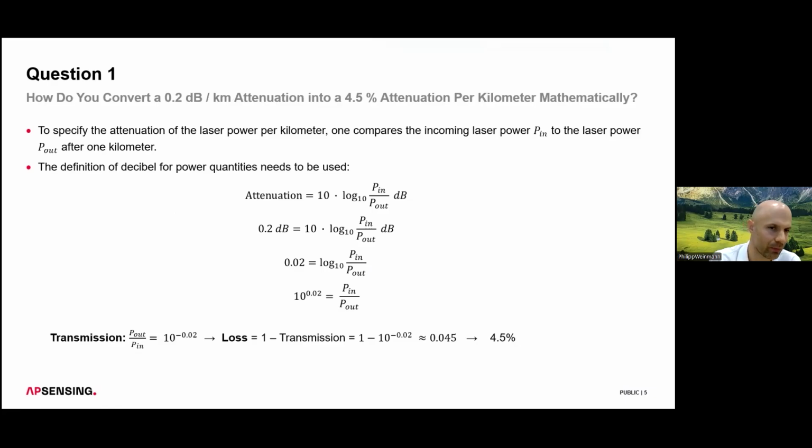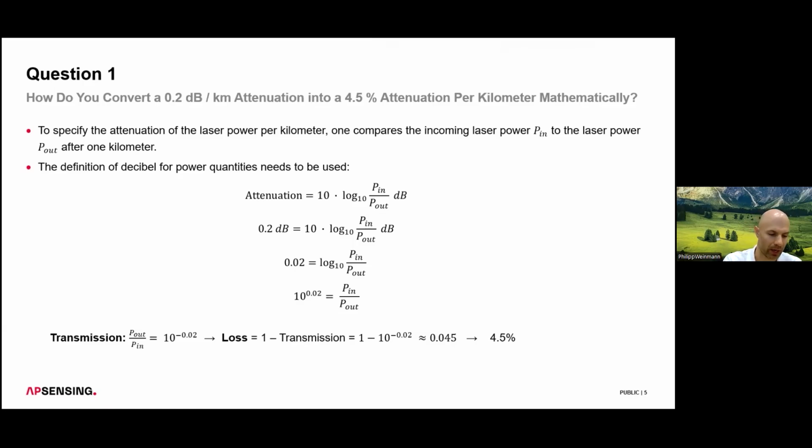The first question was, how can you actually convert fiber attenuation, which I gave yesterday in the form of dB per kilometer, into linear terms of percentage? Fiber attenuation means basically that the laser power is being attenuated over distance.